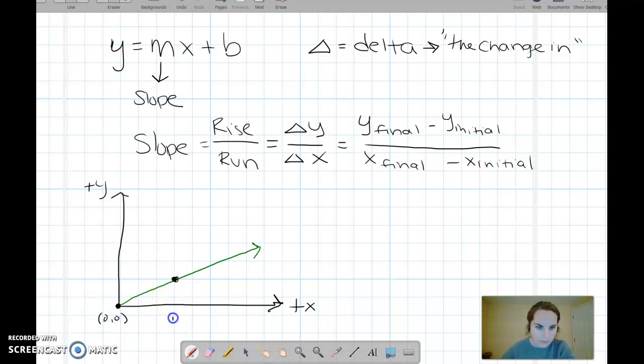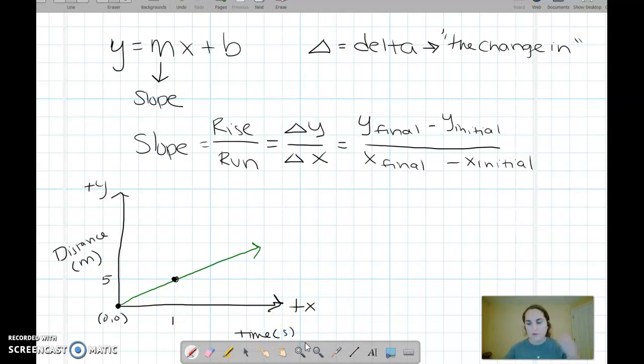And let's call this point 1, and let's call this point 5. Okay, so in our distance versus time graph, this would be distance, and it's measured in meters, and this would be time, and it's measured in seconds.